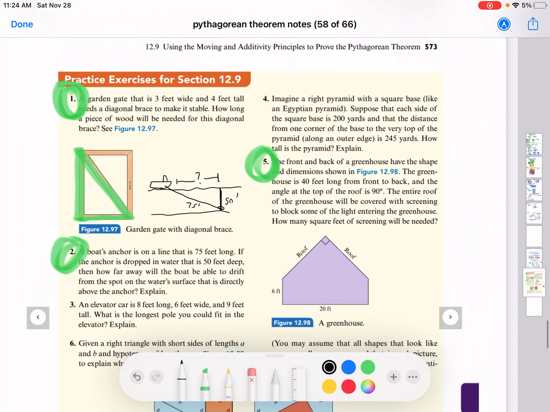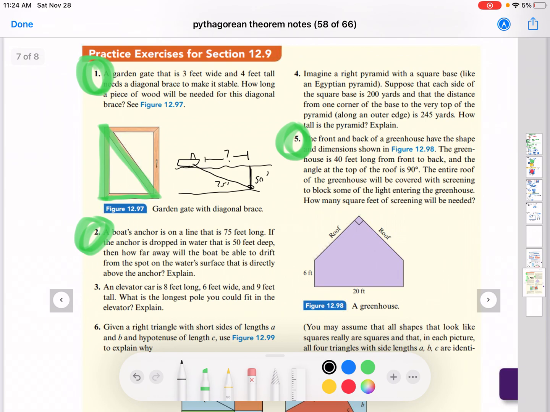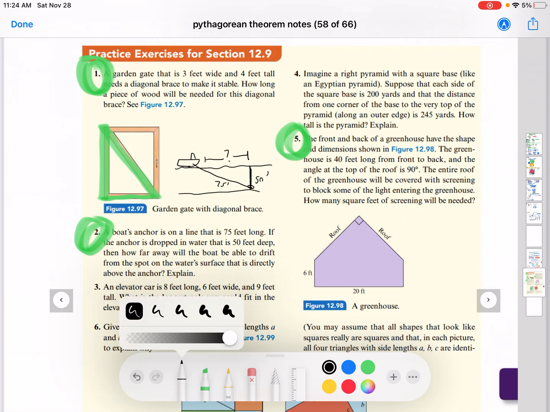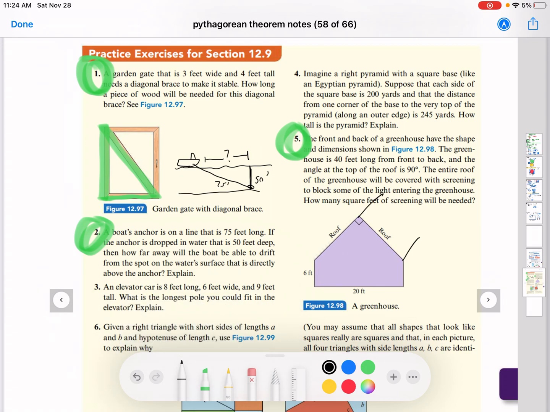And the last question that you're going to be asked from this one is on number 5. And it says this is the profile of a greenhouse, which is 40 feet deep. So it's 40 feet deep. And they need to cover the roof of the greenhouse with some screening to block some of the light. And the question is, what is the area of this roof?